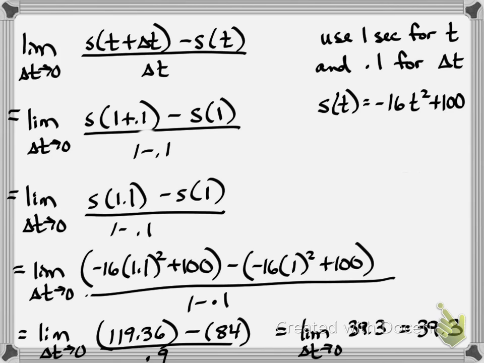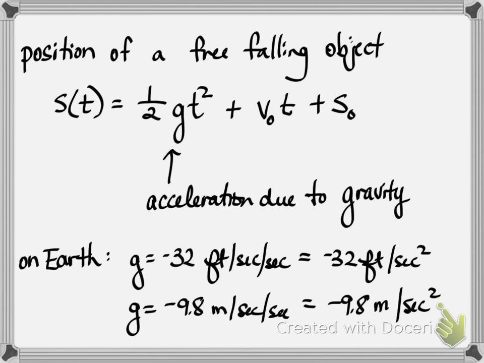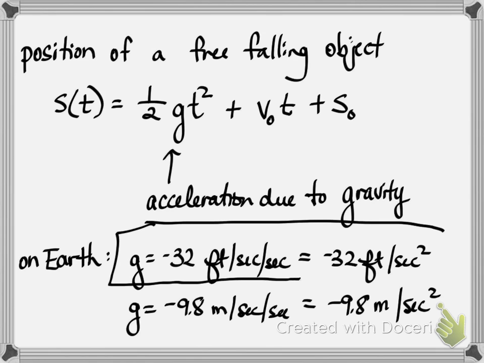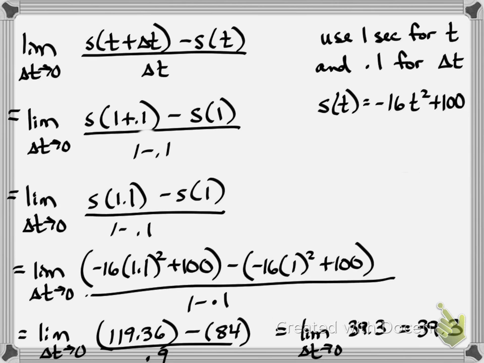Okay, so the last thing I just thought I would show you was, if we wanted to see where this negative 32 feet per second squared came from, then we could do the limit of the position function, and we could use 1 second for t and 0.1 for delta t. So that's just a little change off of 1 second, just adding 0.1 to it.